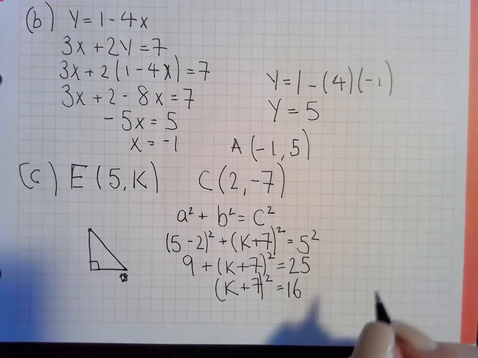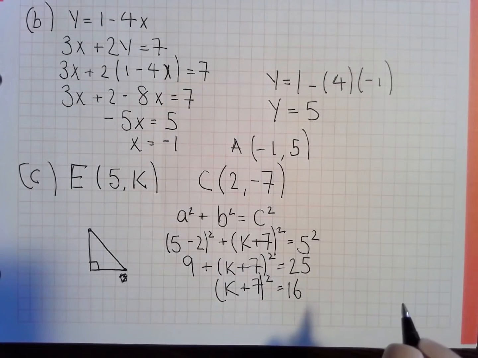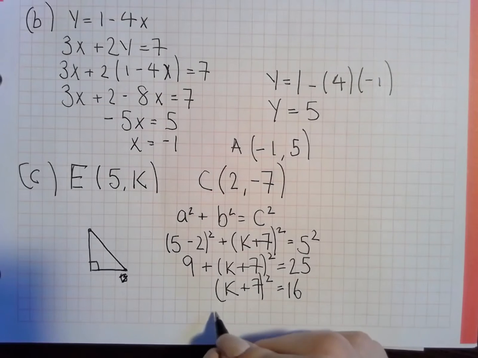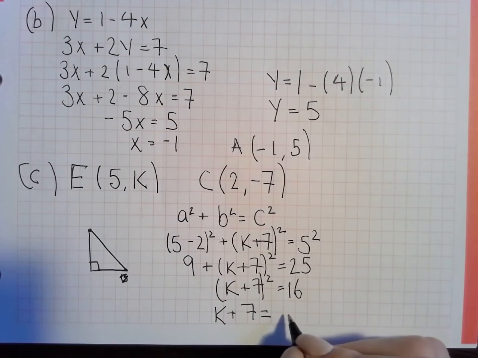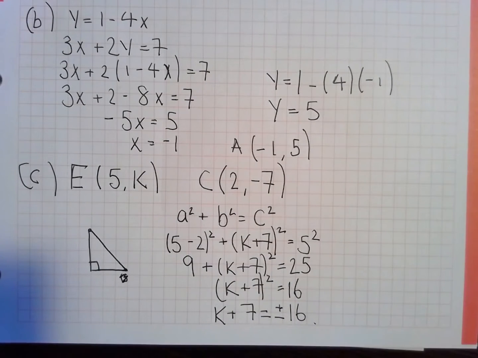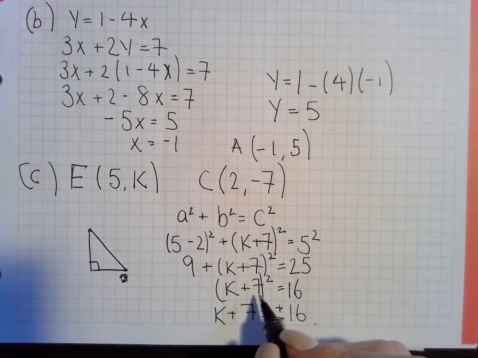And this is the important part, the part that's going to throw people off when it says two values. So K plus 7 can either equal plus or minus, because it's squared.